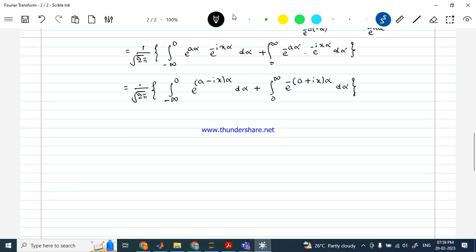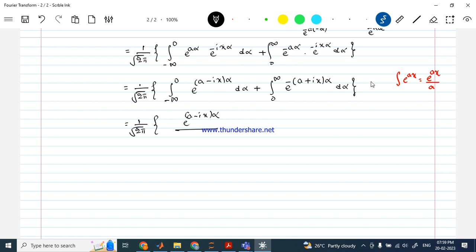Okay, in each integral, it is just integration of e power ax. We know that it is given by e power ax by a. Let me substitute that here. So 1 by root 2 pi. Okay, so it is e power a minus ix alpha divided by the coefficient of alpha this time.